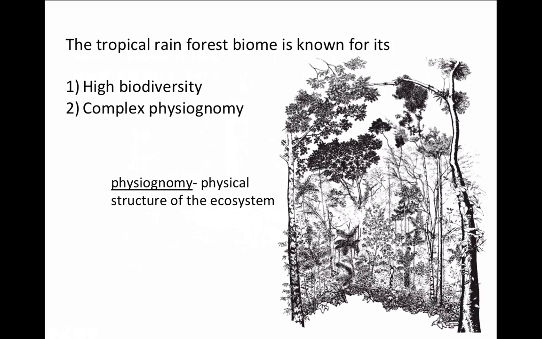So the tropical rainforest biome is known for high biodiversity and complex physiognomy. Funny word, huh? That physiognomy refers to the physical structure of the ecosystem. So let's talk about these in more depth.